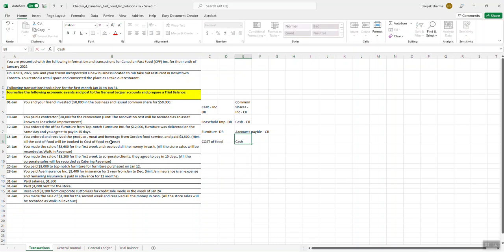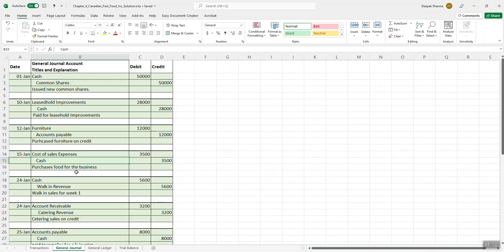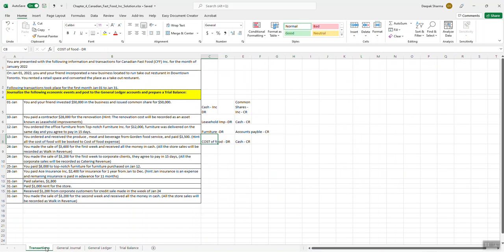Cash decreases, that means if an asset decreases, it's a credit. Cost of food is an expense, and if an expense increases, what do we do? Debit. So our journal entry will be debit cost of sales, then credit cash account.